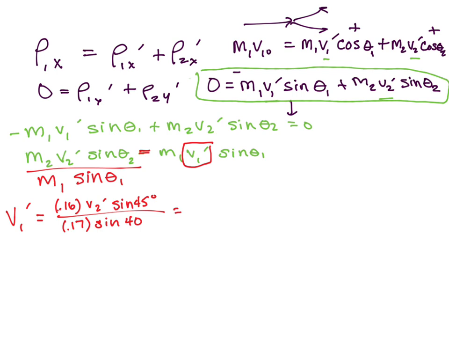So instead of calling it all of this V2, because we're going to substitute it in, I would go ahead and get a number, and then we'll call it that number V2 final. So let's get this constant right here. We've got 0.16 times sine of 45 divided by 0.17 sine of 40.